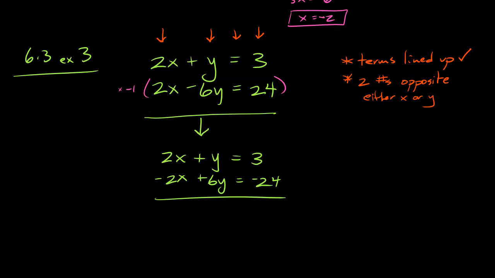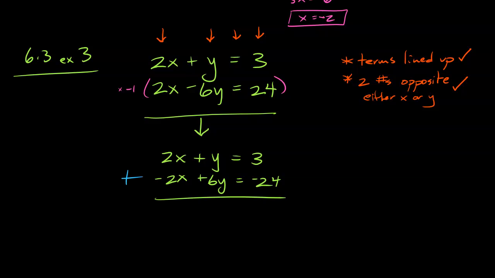And now that I did that, well, now I have two numbers that are opposite. So now it meets both criteria. So this is the method we're going to pick if you have two equations that the numbers don't work: you can multiply by numbers to make them work.